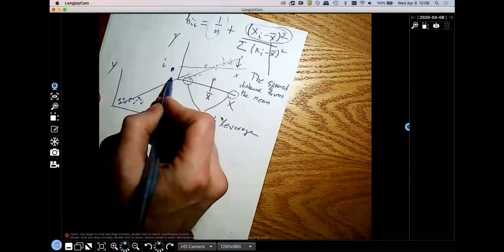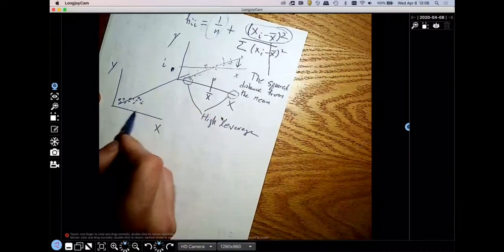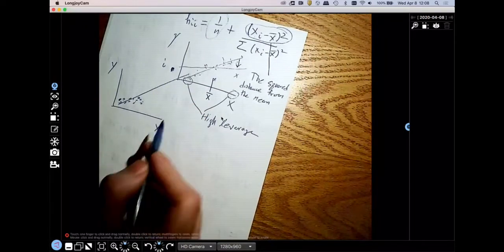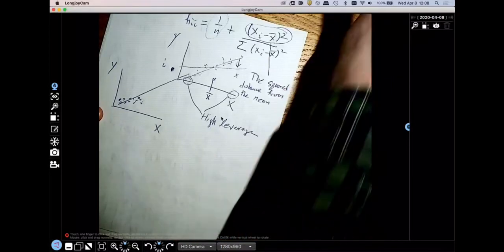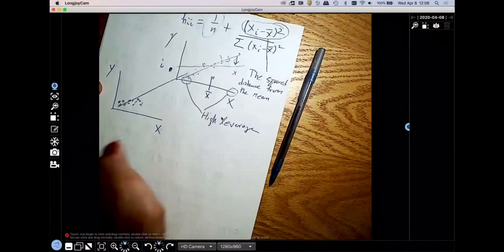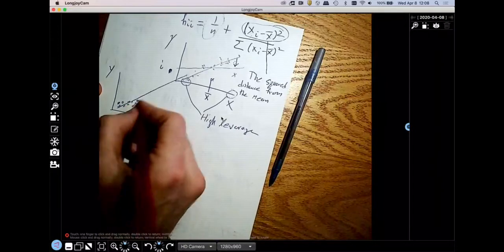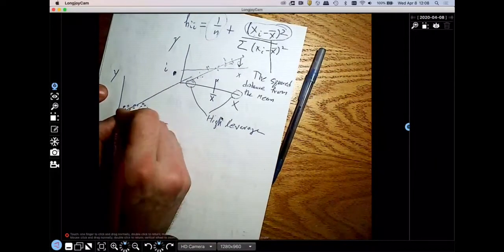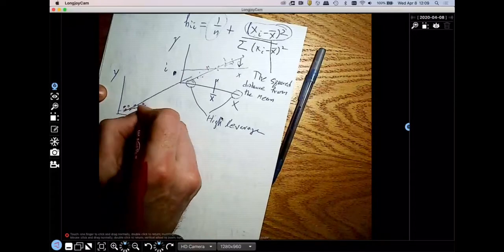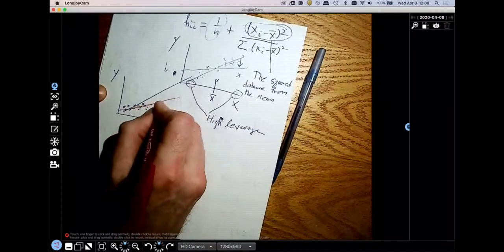This value, which is far from the mean of x, would exert a lot of leverage, and it would just pull the whole line up. I'll use red to indicate the regression that I would get without that observation. So if I deleted that case from my data, I would get a regression line that looks something like this.